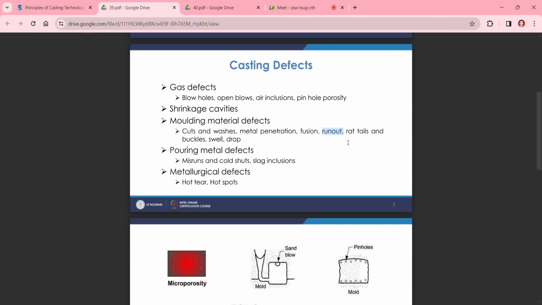If it is going to expand during solidification, it is going to exert some pressure on your sand, and if you had not rammed your sand properly, that will swell up. Due to that swelling up, the final dimensions of your casting are going to get changed.